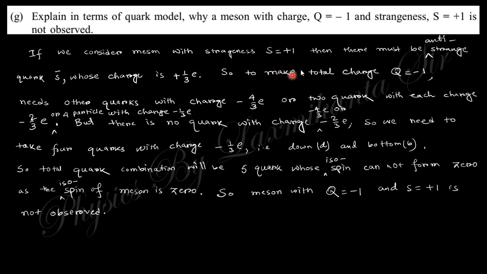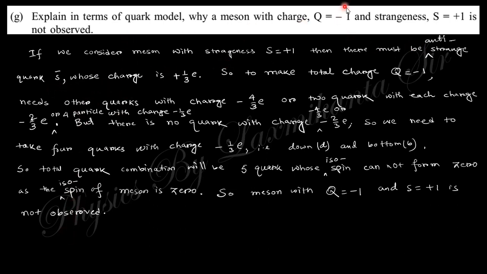So strangeness is -1 for a strange particle and strangeness is +1 for an anti-strange particle, S bar. Okay, so strangeness is +1, that means you need to take an anti-strange particle.